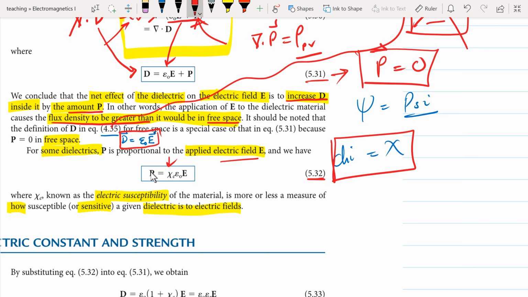So we say that polarization vector P is equal to chi epsilon naught E, where chi is the electric susceptibility of the material. It is more or less a measure of how well the material is sensitive to the electric fields. So the higher the susceptibility of a material, the higher the polarization the material would achieve, and therefore the more effect it will have on the electric field strength.